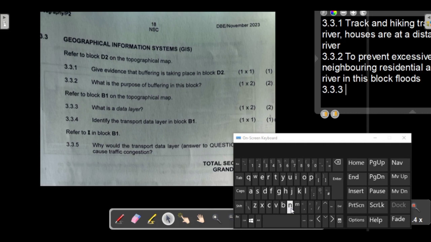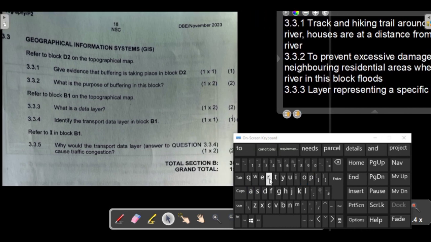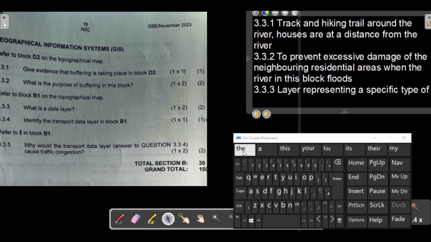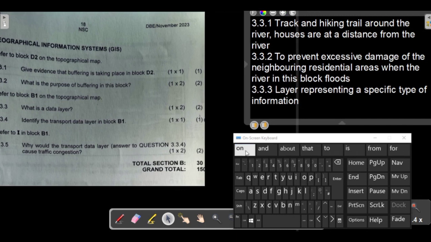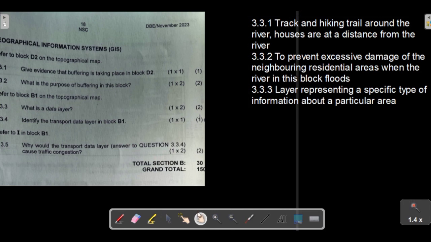Okay, so a data layer, guys, is essentially a layer representing, or geographical layer representing a specific type of information about a particular area, right? Yes, so that is our answer there for 3.3.3.